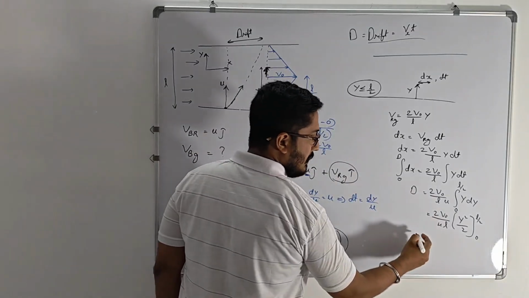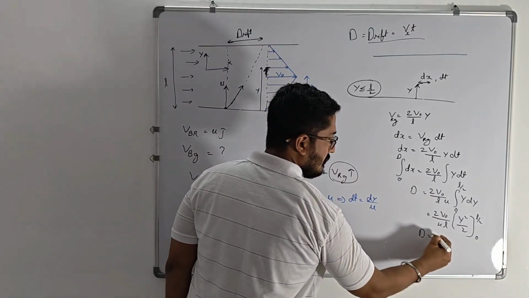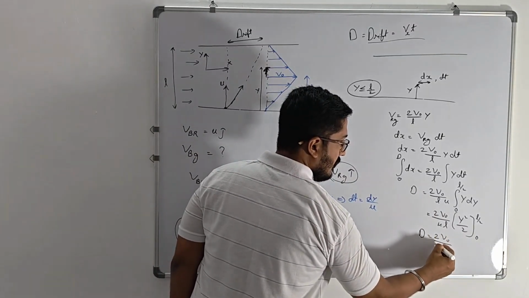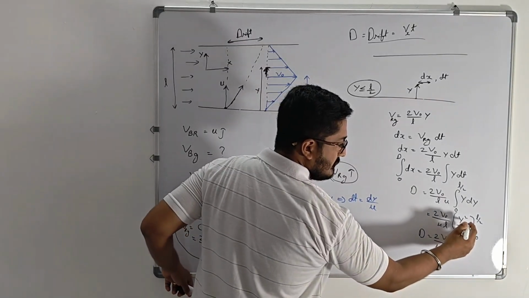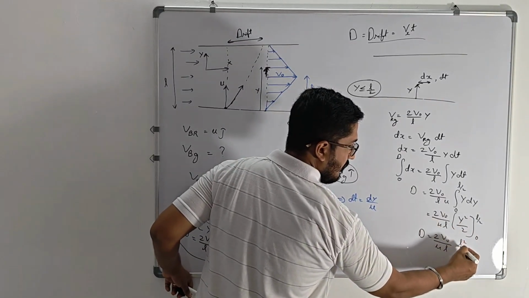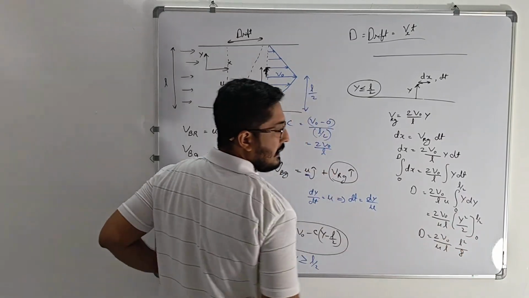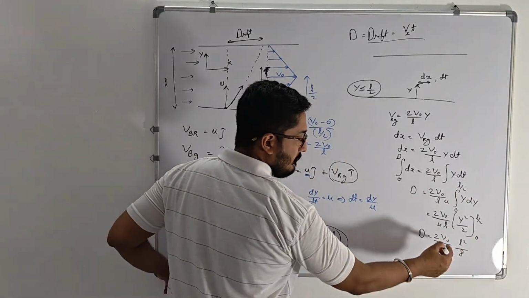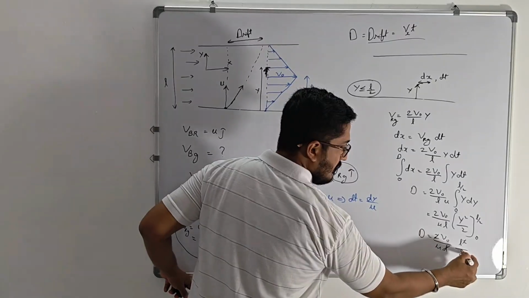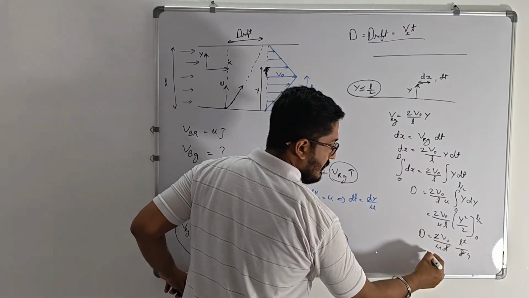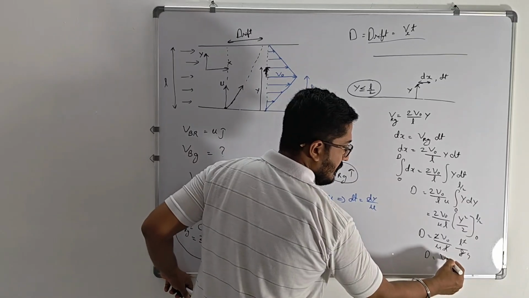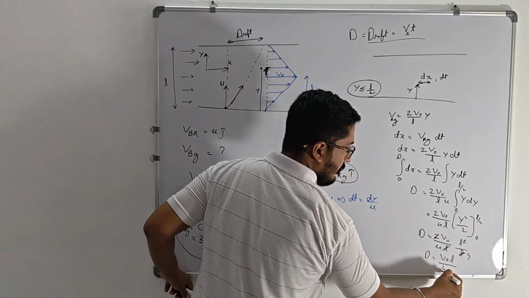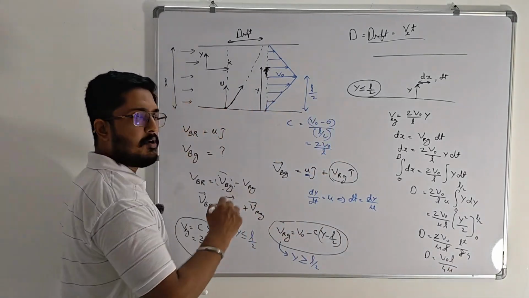The moment I substitute the limits, I get D equals 2V0 by uL times L squared by 4, and this becomes 8. So my answer would be D equals V0 L by 4u. Now there is one problem.